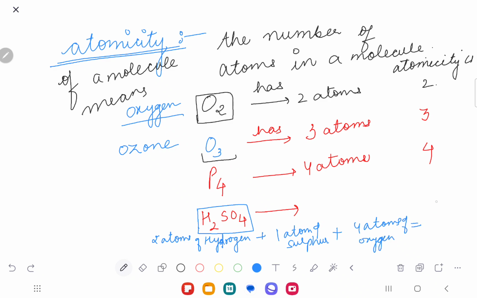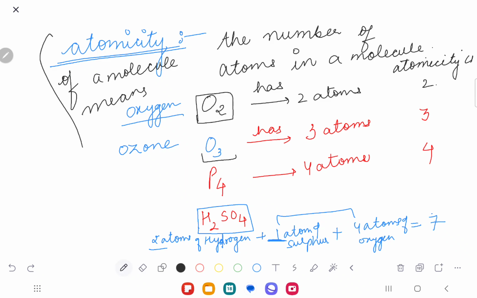So in total, how many atoms does it have? 2 plus 1, 3, plus 4, 7. So the atomicity of H2SO4 is 7. Understood or not? Okay, this is the concept.